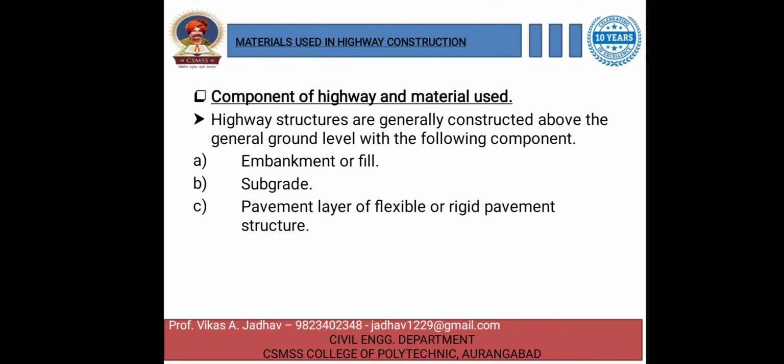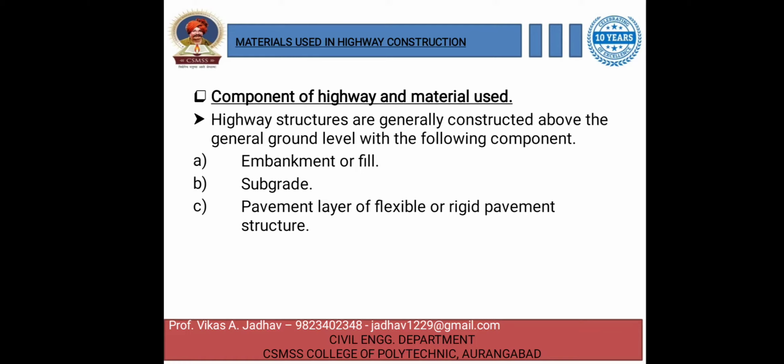As we know, generally the construction of highway is done above the ground level. When the formation level is above the ground level, at that time the road is constructed above the ground level.